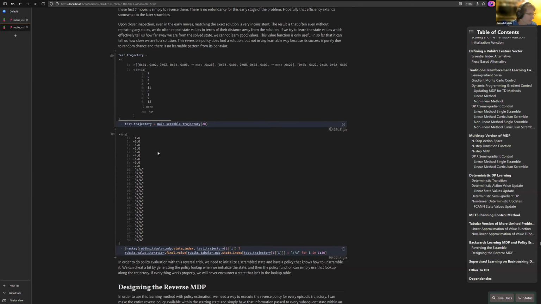Now remember, in order for this technique to work, for the value function we learn to be any good, we have to actually learn real progress towards solving the cube. Each step we make has to make sense. And our approximation function has to actually learn the patterns that exist in the relationship between those cubes. But it appears as though doing this reversal is not actually producing anything that we can learn from.